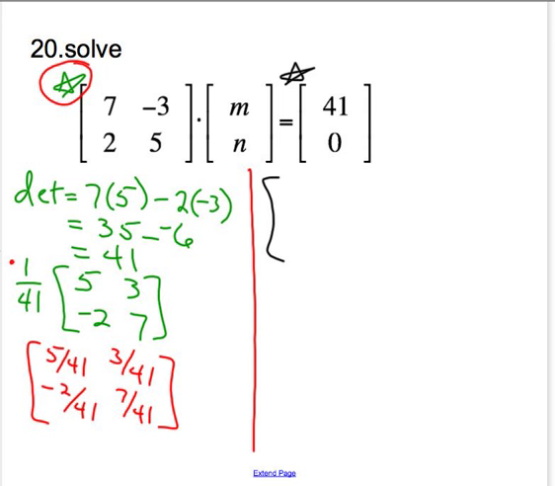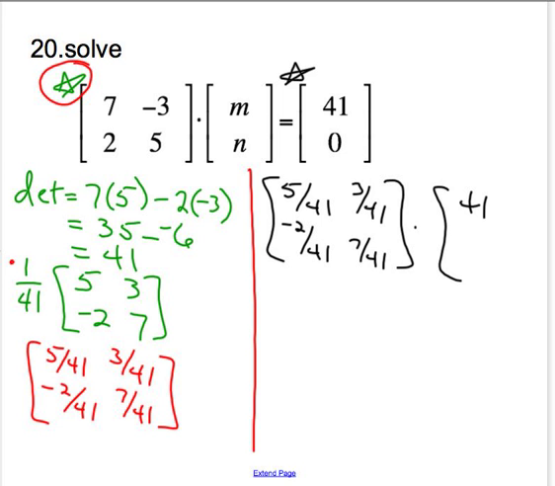So what does that entail? That entails taking the inverse matrix that I have in the lower left-hand corner, and multiplying by that 2 by 1 matrix that is my answers.